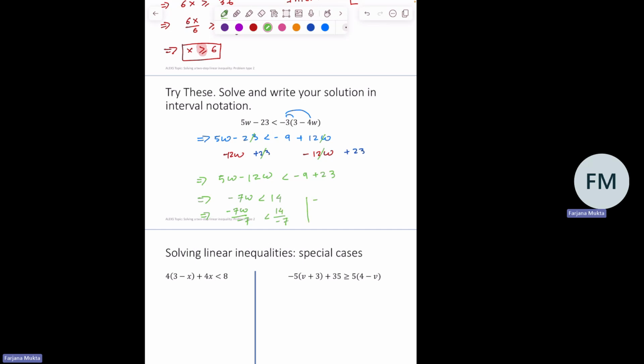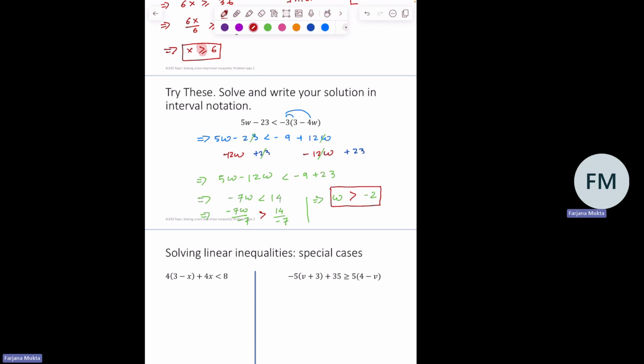And we'll have w less than negative 2. But I made a mistake. I divided both sides by negative 7, a negative number, but I did not reverse the inequality, right? So let's change the inequality symbol to a greater than when dividing by a negative number, okay?